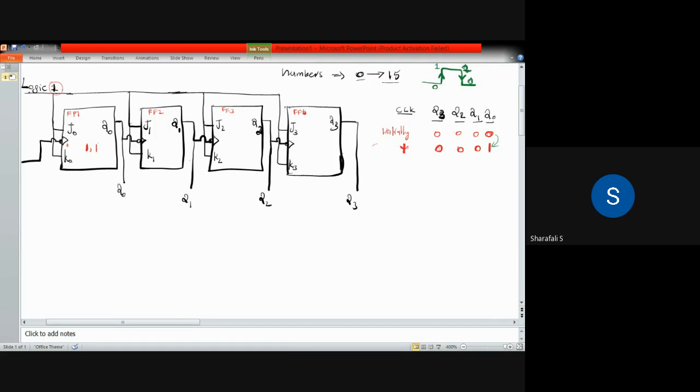So when we have a transition of the output going from 1 to 0, that transition corresponds to the negative edge of your clock pulse. When it is going from 0 to 1, that corresponds to the positive edge of your clock pulse. Since Q0 is changing from 0 to 1, the pulse is at the positive edge now.